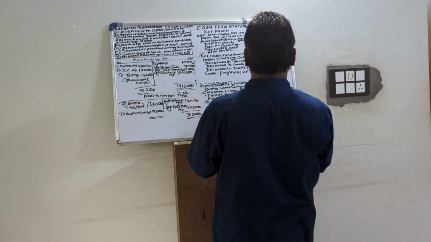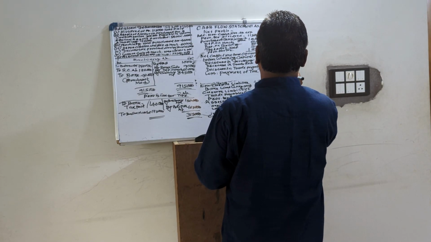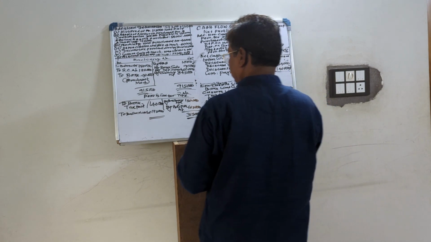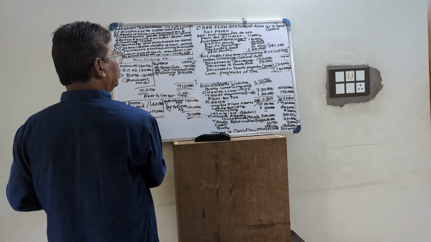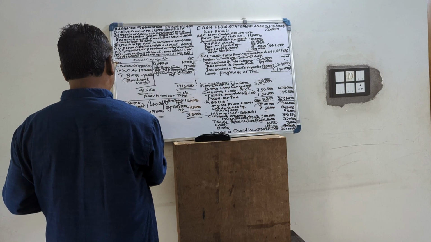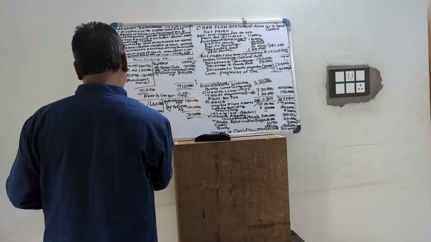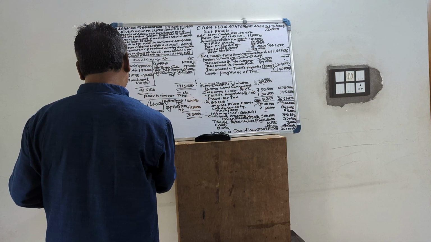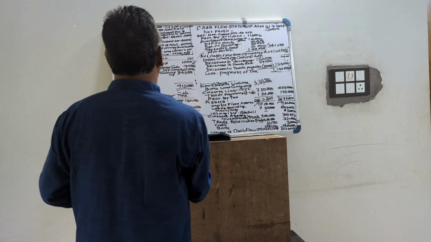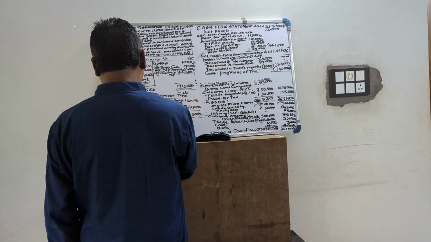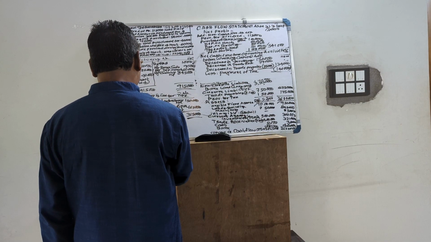So here we will get 5,41,000 plus 1,34,000. The total is 6,77,000. So 6,77,000 minus income tax 1,40,000.